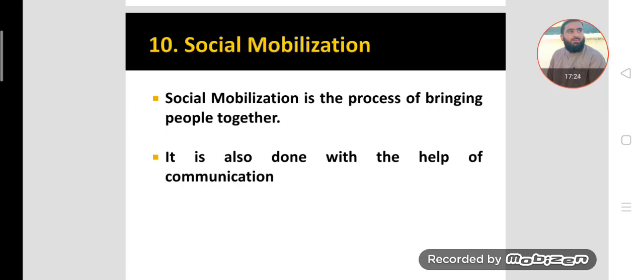Social mobilization, to give people information, to make them aware and to convince them that such and such service is going on in your locality, in your area. Please, you should take part or give us information or data regarding the same. So social mobilization is also done by means of communication. We can make people aware and we can convince them.